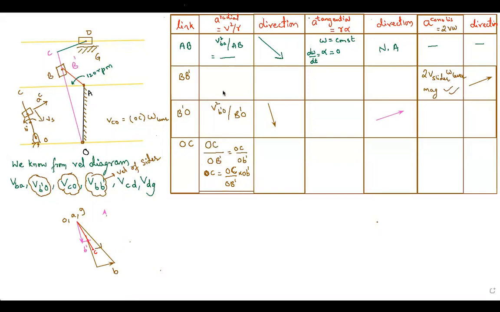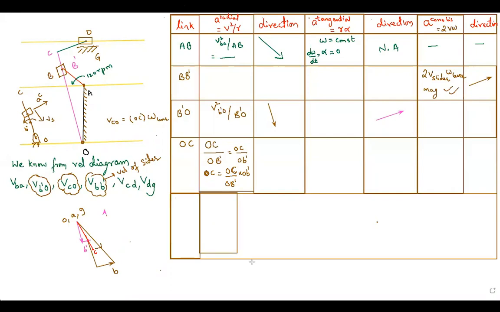Okay. Now we are going to get to the next point, which is to find out the value of CD. Okay, C with respect to D is what we are going to find out right now. So let me take one more column in the table here, and we are going to just extend it here, and then this one, and then here.